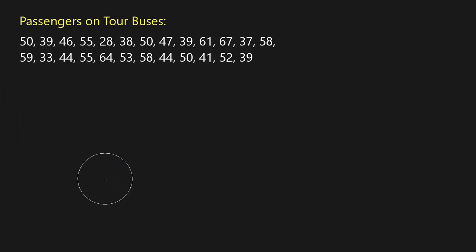Now, if I was going to make a table out of this, the same way that I've already showed you how to make a frequency distribution table, what you want to do is find your lowest and your highest score. So the lowest score in this data set is the 28. And the highest goes up to 67.